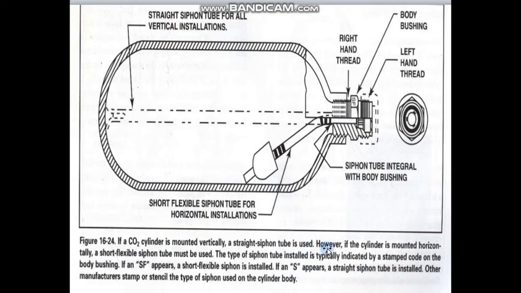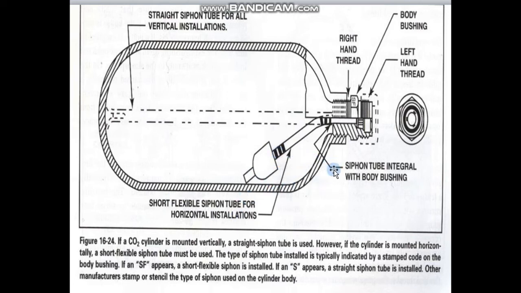What about the second type? If the cylinder is mounted horizontally, a short flexible siphon tube must be used. Like this, if the bottle lies horizontally, we will find that the type of siphon used is the short flexible siphon.